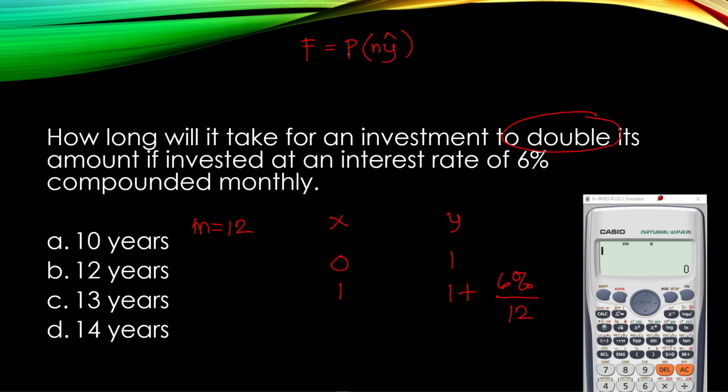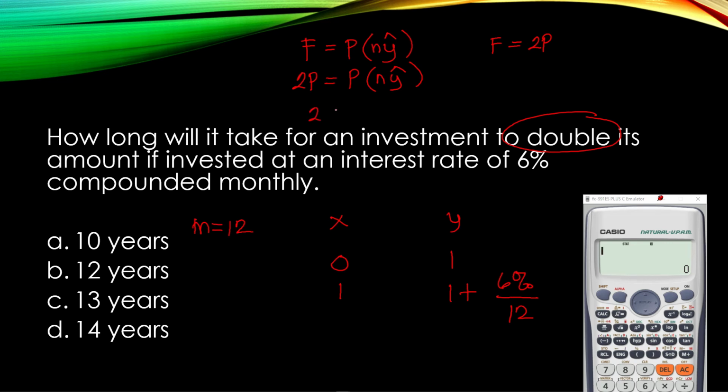So, kumbaga, yung present natin, let's just say it's a variable P, and then yung F natin is magiging twice nung principal amount. So, magiging 2P. Okay, we could just say that F is equal to 2P. Kasi magiging double siya. Okay, and then we can get our NY hat by dividing both sides by P.